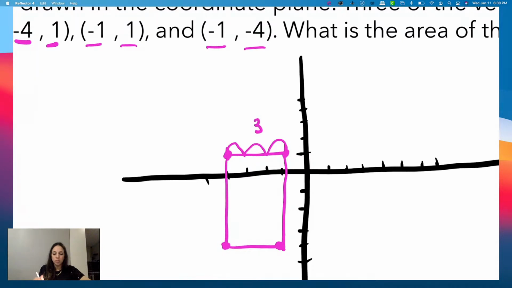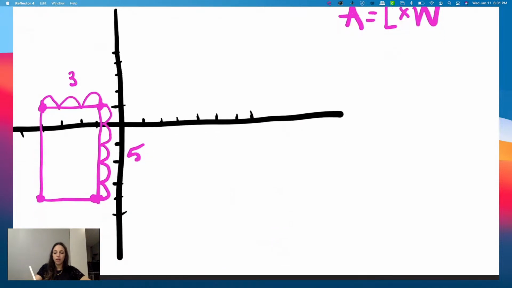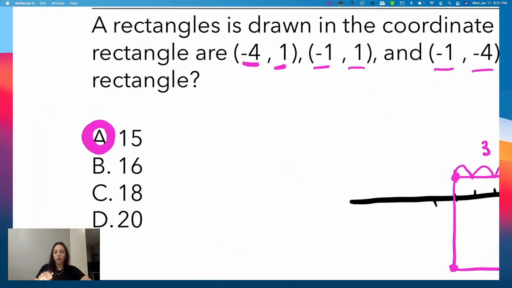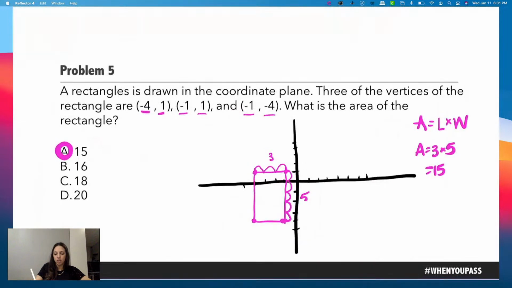What's the distance between this point and this point? 1, 2, 3, 4, 5. So area equals 3 times 5, which is 15. So my answer is A. However, what if the rectangle looked something like this?